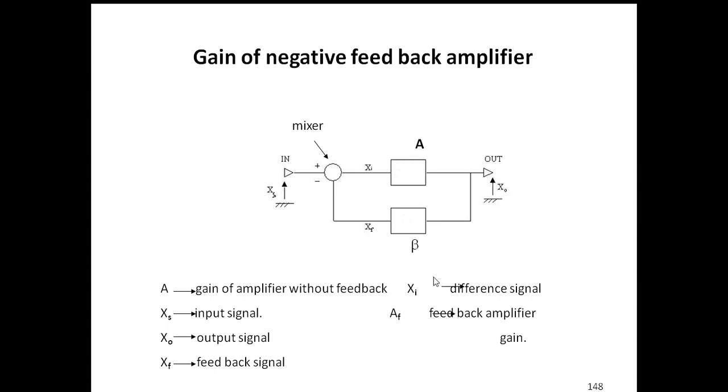Xi is the difference signal, meaning the net input signal. Xi is equal to Xs minus Xf. Next, AF is the feedback amplifier gain. Actually this is not given here, this is beta. So beta is the feedback network gain.